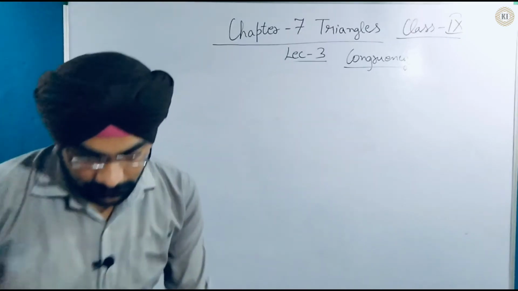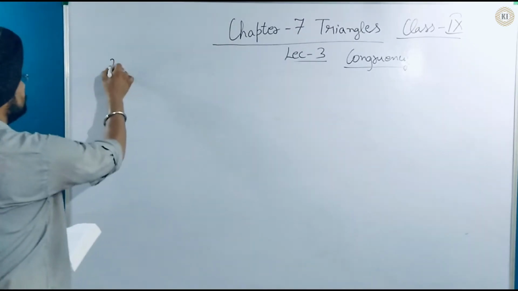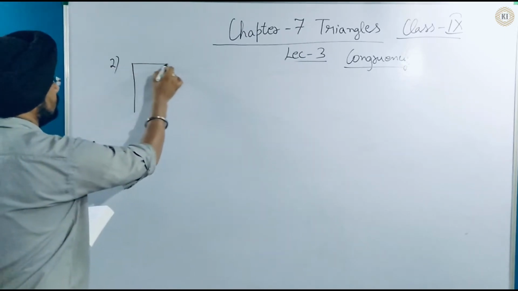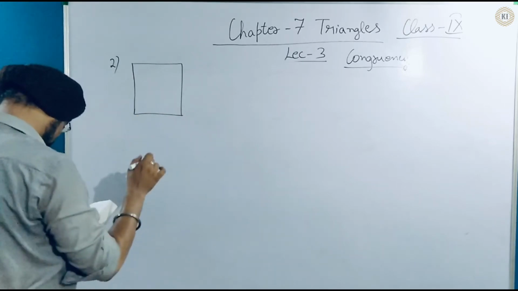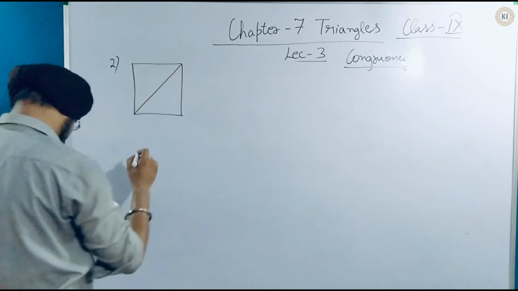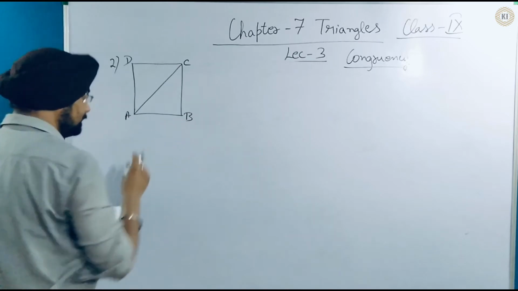Now see here question number second. It is given as this is a square ABCD.